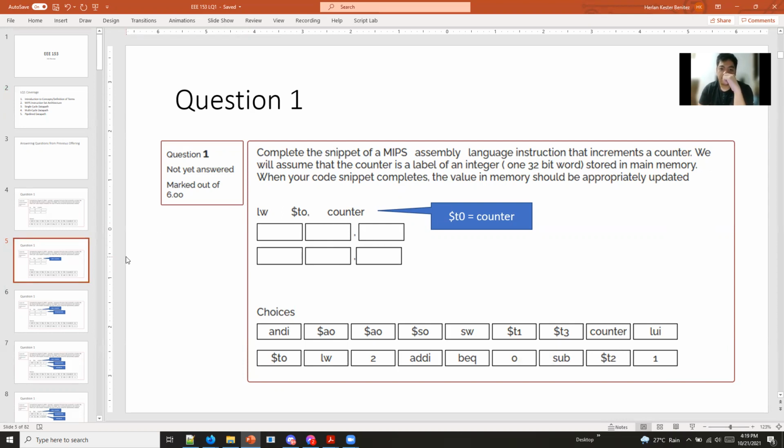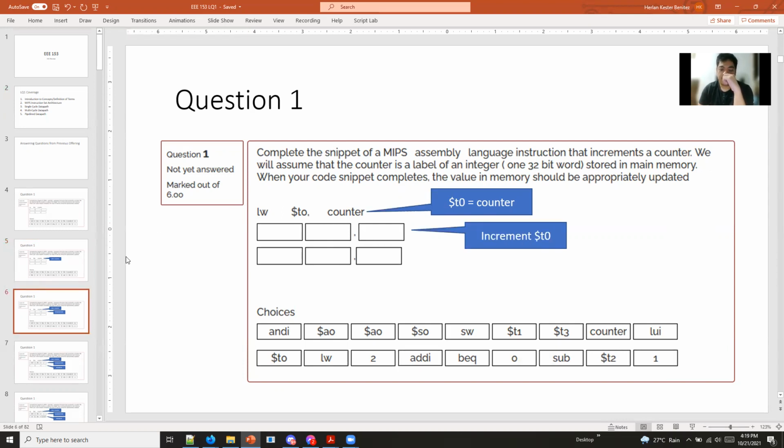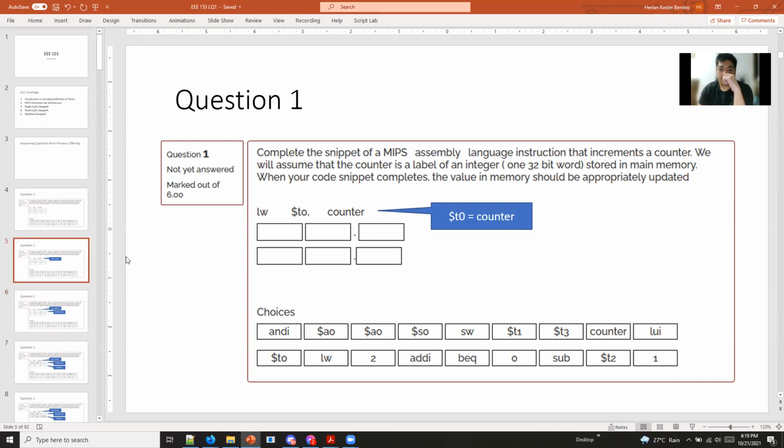So after natin i-load yung word, ang gusto natin mangyari talaga is ma-increment yung laman ni counter. Pero si CPU natin, hindi niya kayang baguhin directly si value ni counter, kasi sa registers lang siya pwede magsulat. So yung una natin ginawa is tinorm muna natin sa register yung laman ni counter.